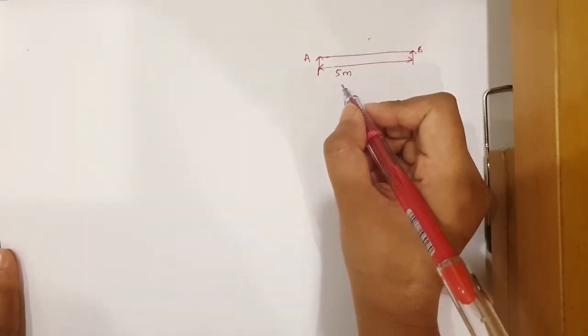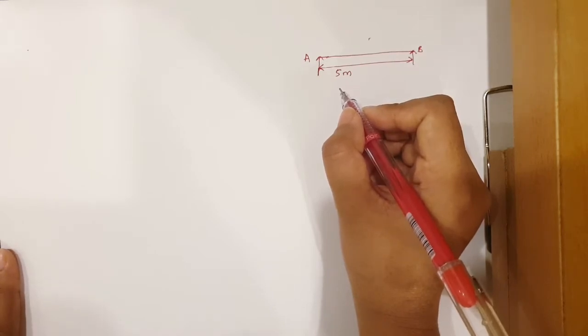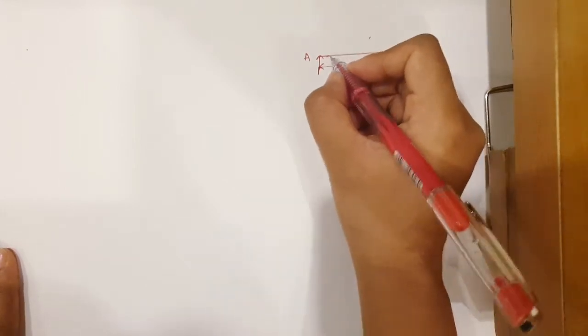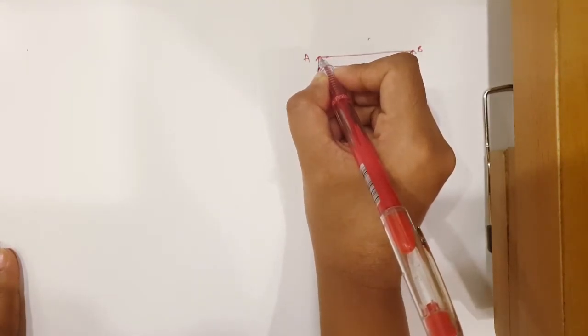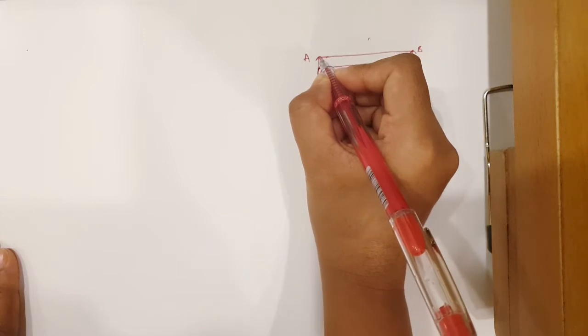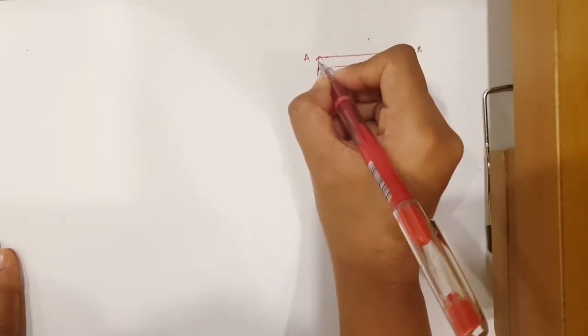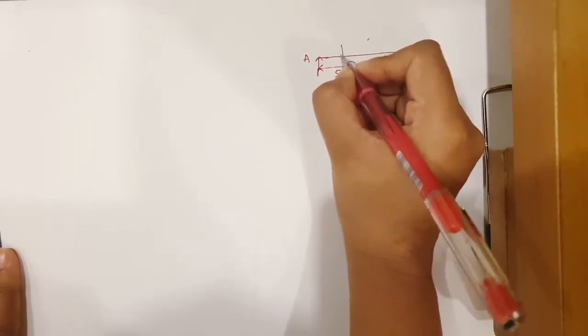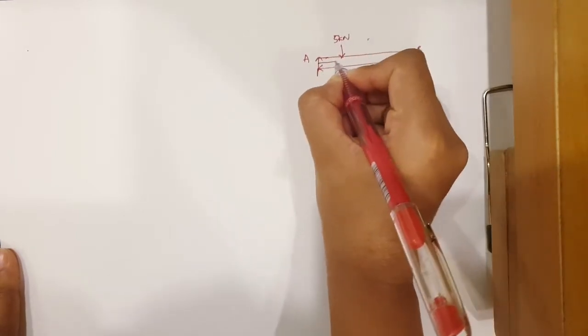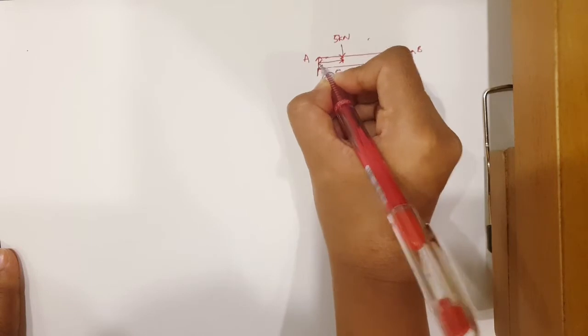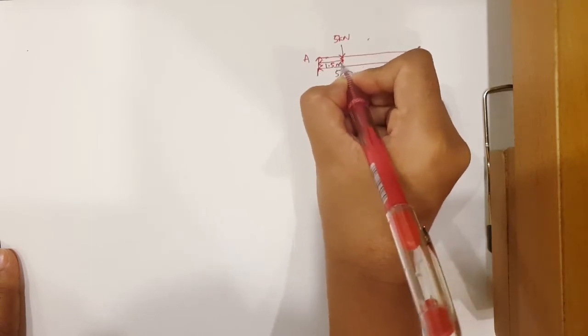There are 2 point loads of 5 kN and 7 kN at 1.5 and 3.5 meter from the left hand support. So this is the left hand support. From left hand support, one load of 5 kN is at 1.5 meter. So from here we have one load which is 5 kN and this distance is 1.5 meter.